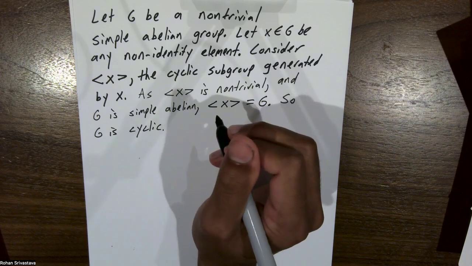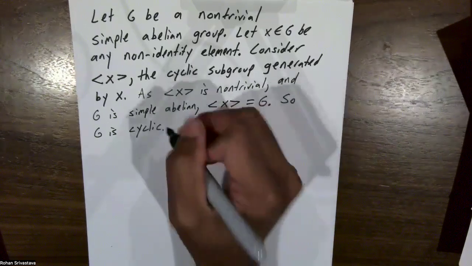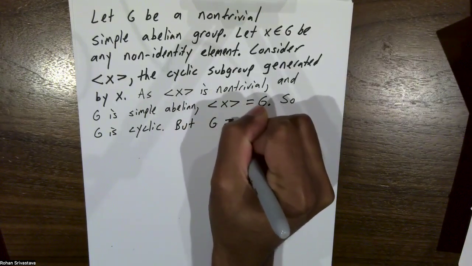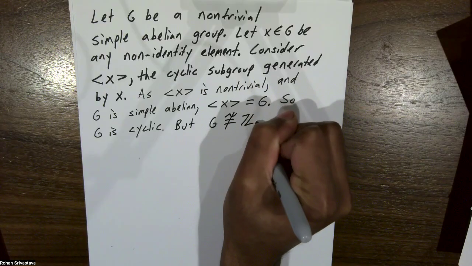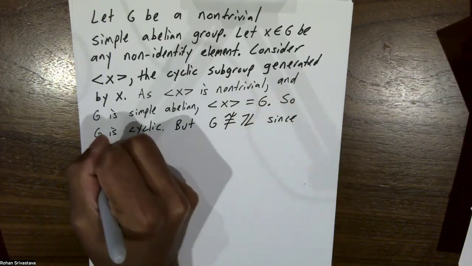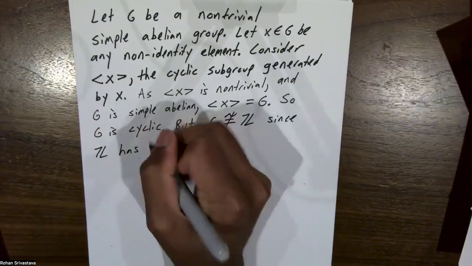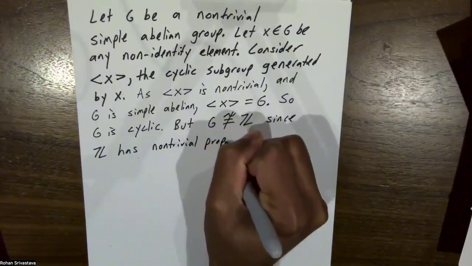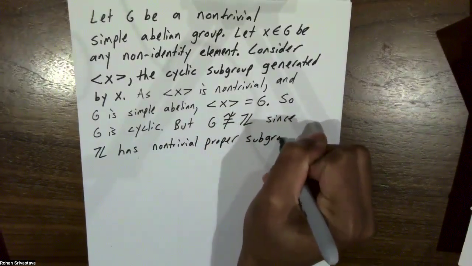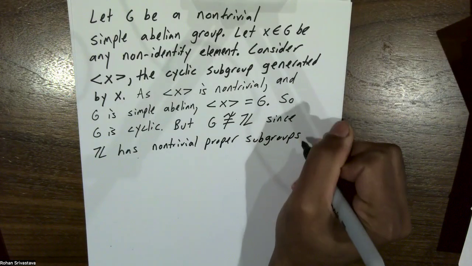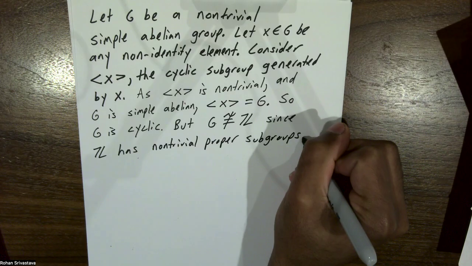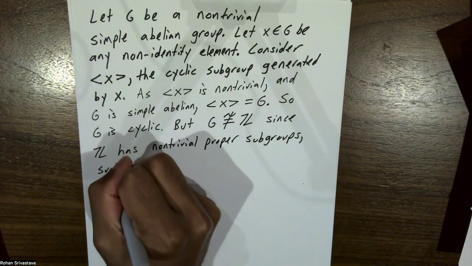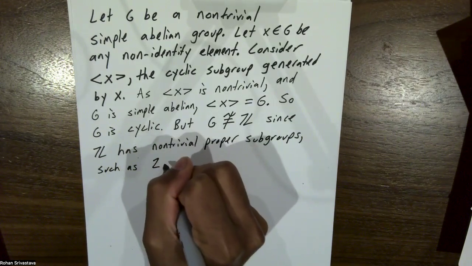But G cannot be isomorphic to Z, since Z has non-trivial proper subgroups, such as 2Z or nZ for any n.